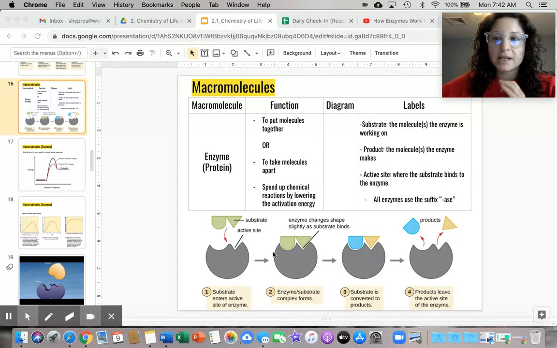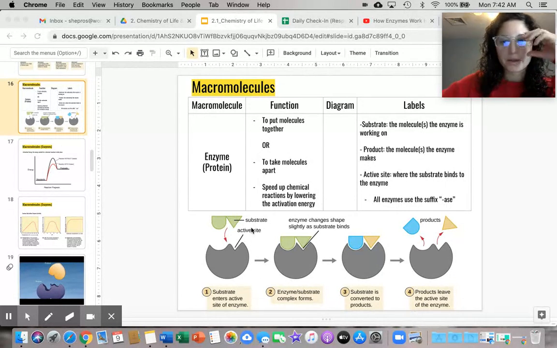Now, like I said, an enzyme can break a molecule apart, and that's what we just looked at, but this can also go in the opposite direction as well. So it could take these two molecules and put them together into one molecule. So we could just flip these arrows around in the other direction, and an enzyme could do that job too, and then we would call these the substrates and this the product if that's what was happening.